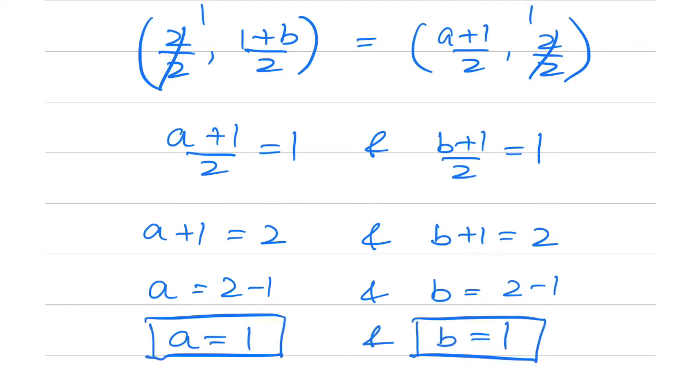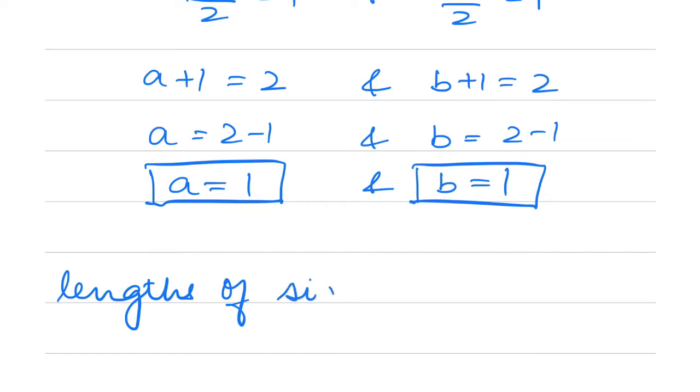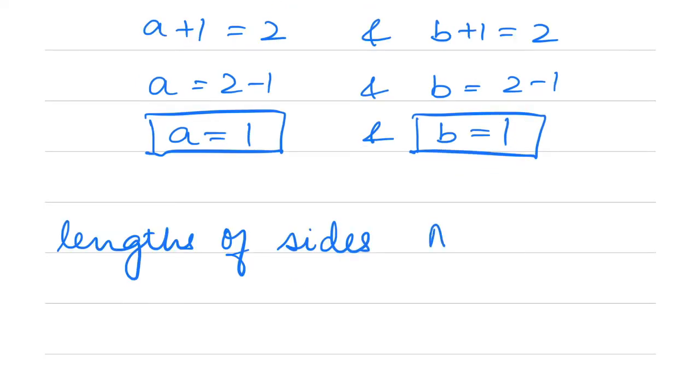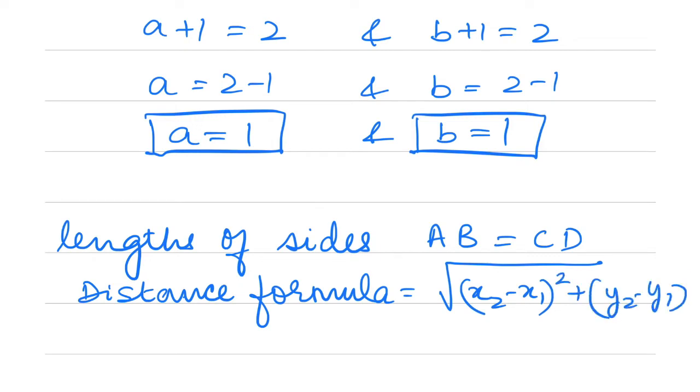Now we need to find out the lengths of sides. We have AB is equal to CD. So distance formula is equal to square root of (x2 minus x1) whole square plus (y2 minus y1) whole square.